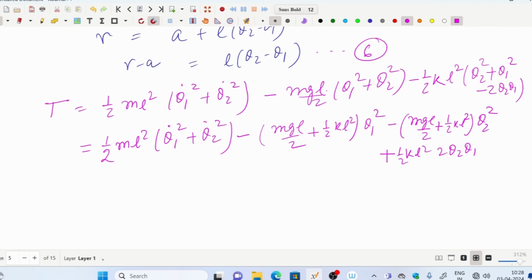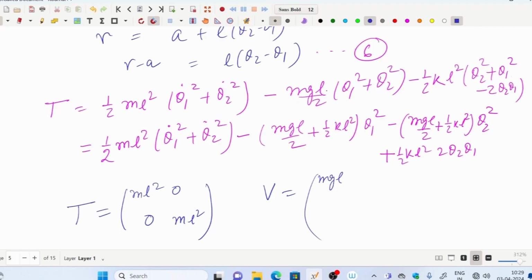So let me write my T matrix. I can identify the T matrix immediately. There is no cross term, so the T matrix is diagonal in this case. So it's m L square, 0, 0, m L square. And the V matrix: theta 1 square is diagonal, so it will be in the 1 1 position, and I can take the half as in the definition you have.